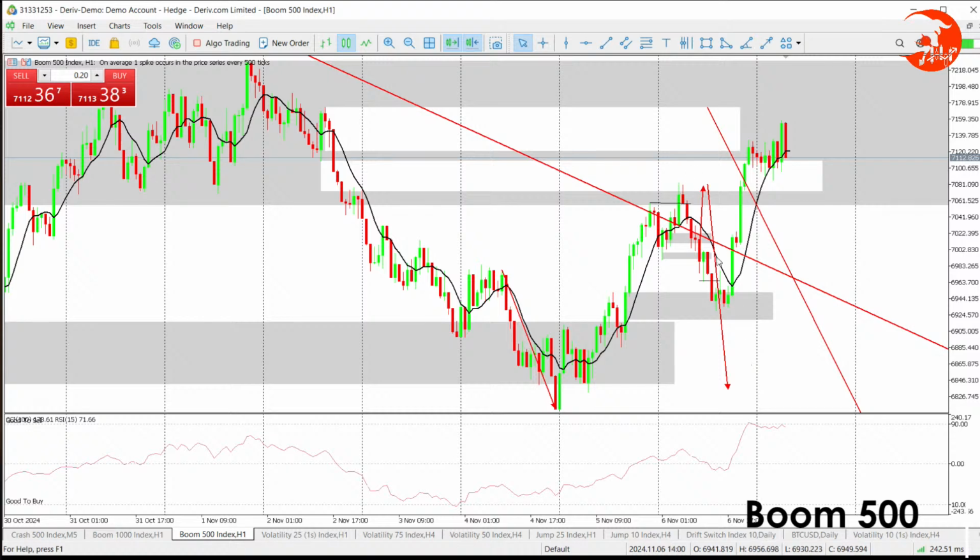So it decided to come to the fair value gap, and that fair value gap was already in discount, I believe. Yes, you can see there it was in discount. That's where price reacted from and went back into buys.